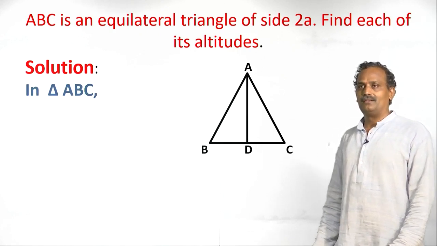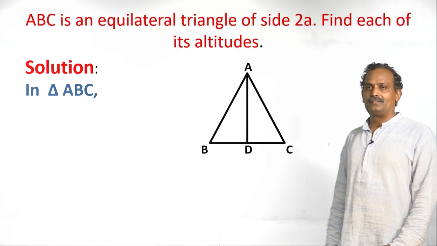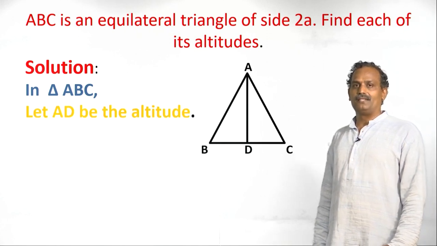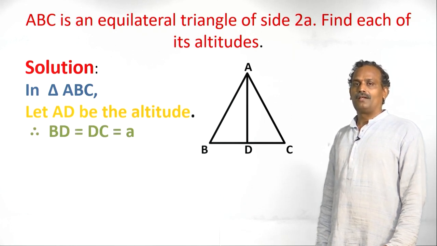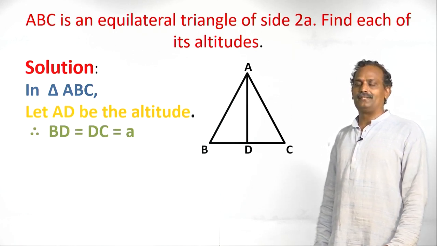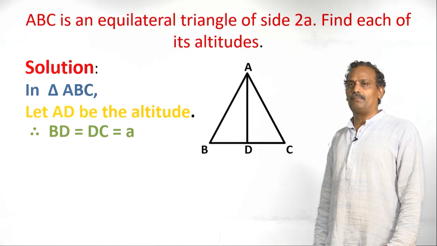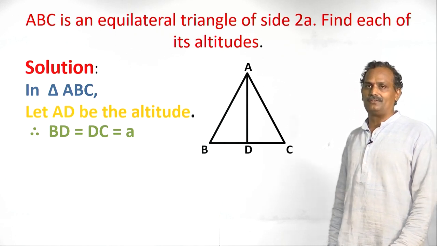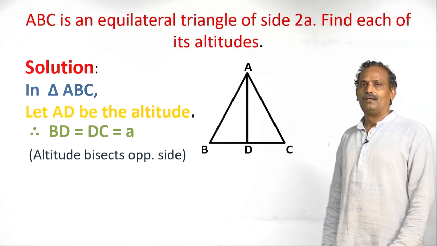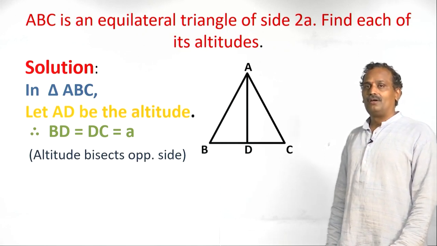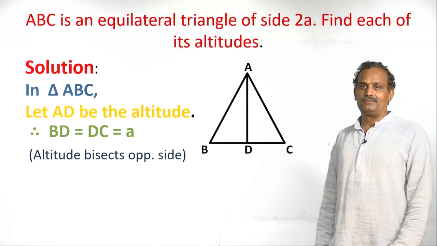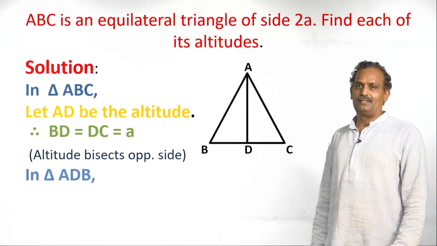So, in triangle ABC, with AD as the altitude, BD is equal to DC, and it is nothing but 2a by 2, which is a itself. They are equal because the altitude bisects the opposite side.